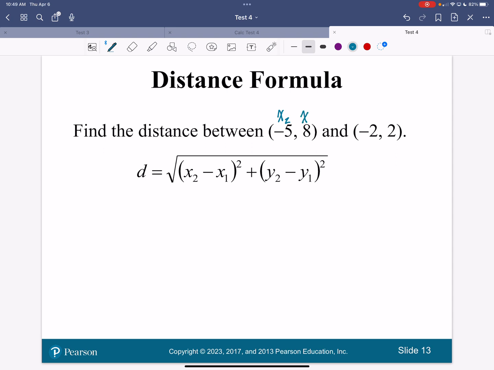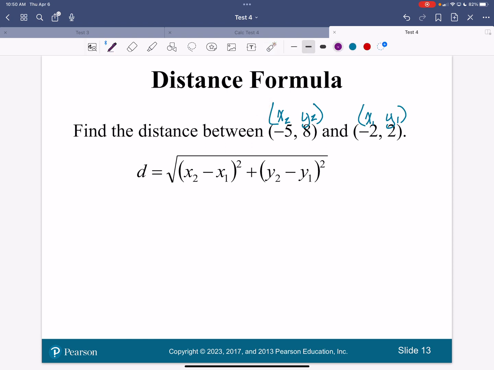It doesn't matter which one you identify as x sub 2 and y sub 2 and x sub 1 and y sub 1, as long as you start with the same one. You're going to get exactly the same answer. I am going to start with this coordinate right here first.